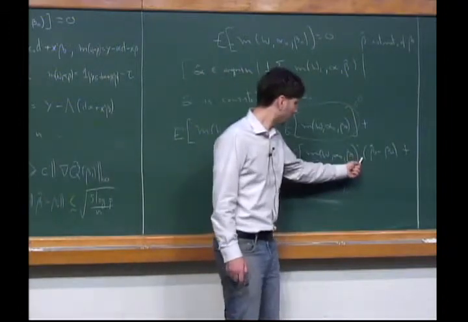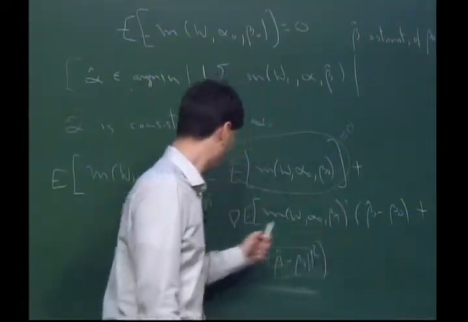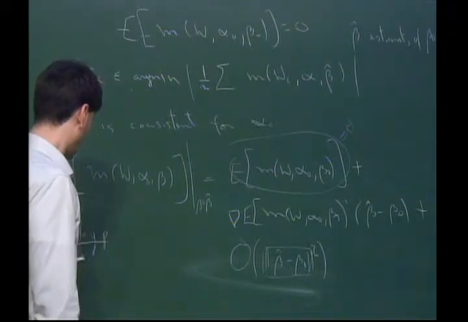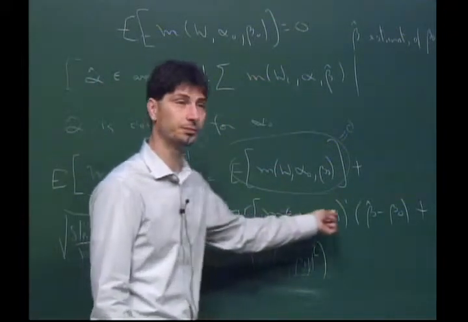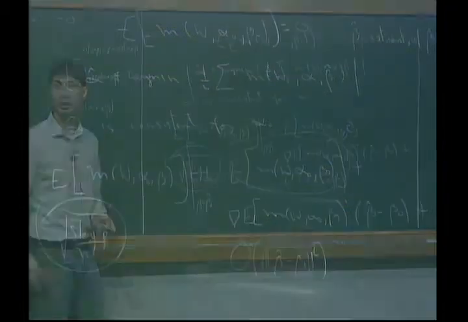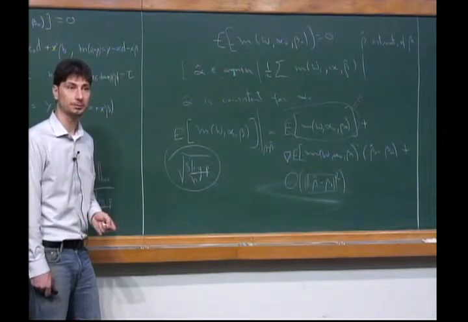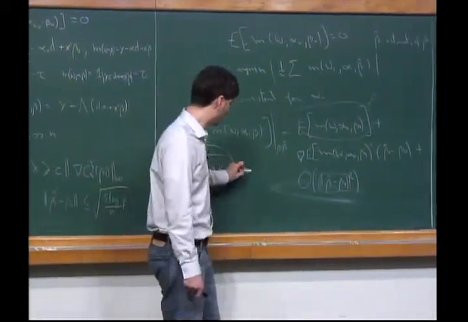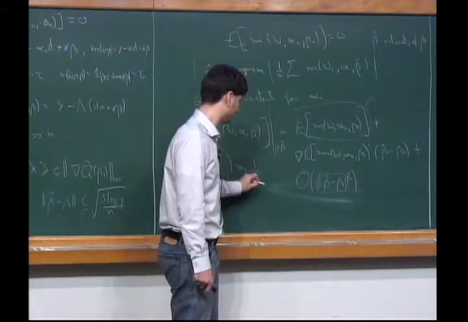So what happens is that this bias is going to be square root s log p over n, which tells me that I have a misspecified model when I try to do this second step. And the misspecification is of this order, which is much bigger than 1 over root n.